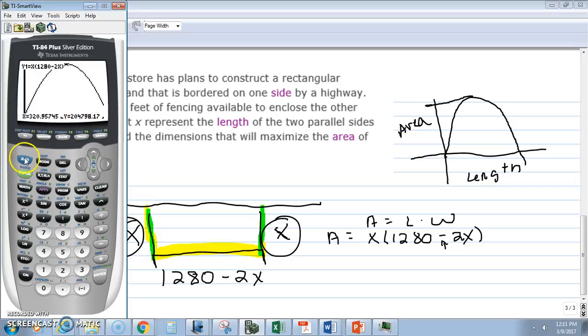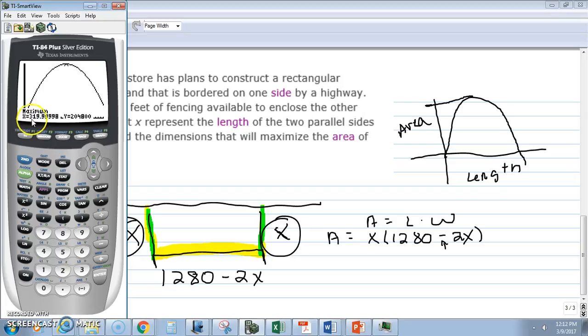204,000. But we can find that exactly by doing second calc. We want to find the maximum, 4. And it wants left bound, so I go a little bit left of the maximum point. I hit enter. Then I go a little bit right of the maximum point, and I hit enter, and then enter.